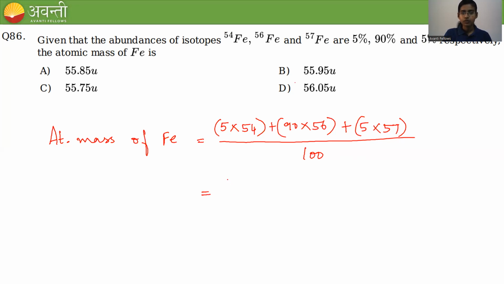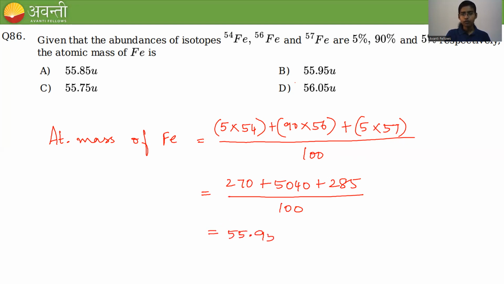So what is the answer? 5 into 54 is 270, and 90 into 56, you will get 5040, and 5 into 57 is 285, divided by 100. On solving this, we get 55.95 unified mass as the answer for the atomic mass of iron.